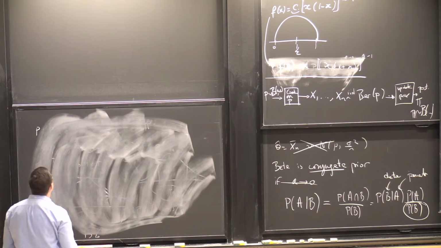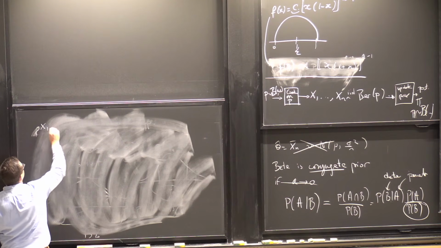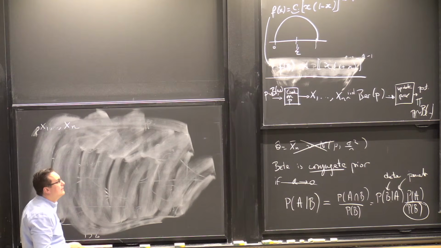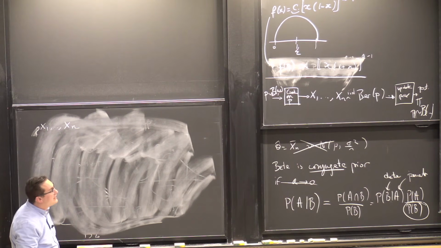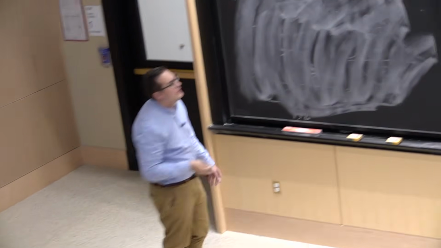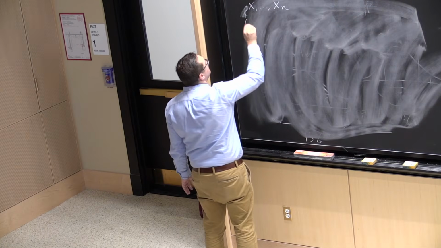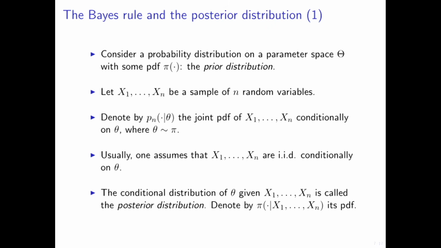OK? So I'm going to have my data, which is going to be x1, ..., xn. Let's say they're IID, but they don't actually have to be. And I'm going to have them given theta. When I say given, it's either given like I did in the first part of this course in all previous chapters, or conditionally on.